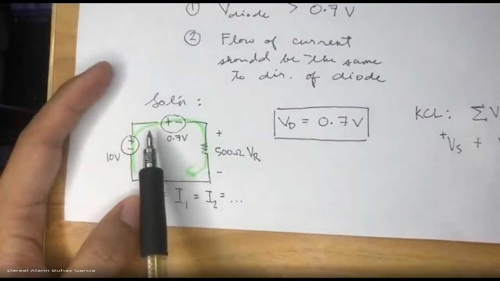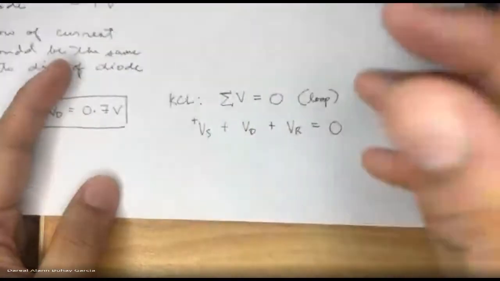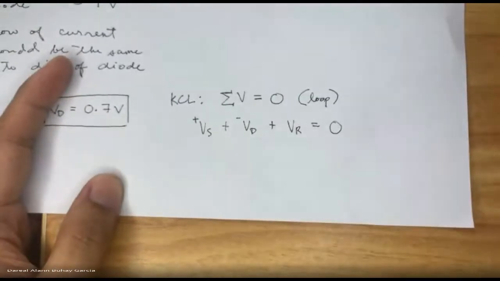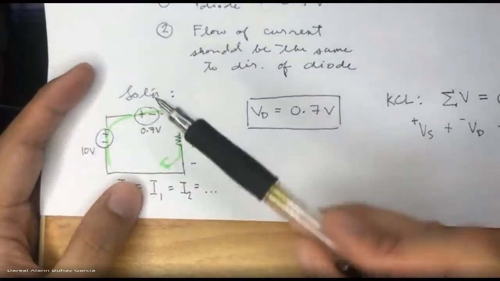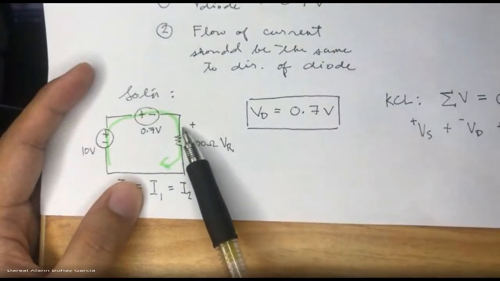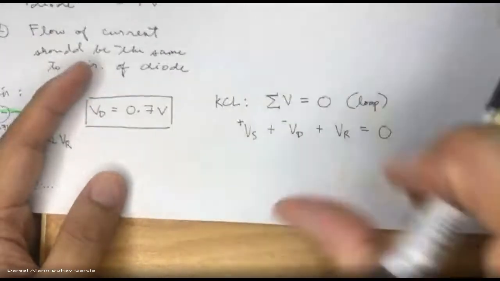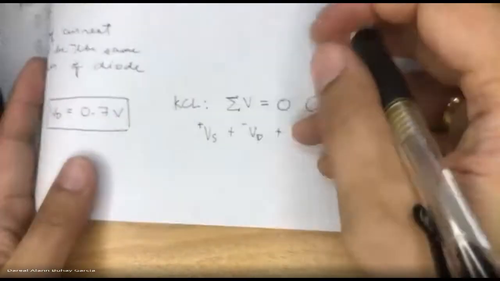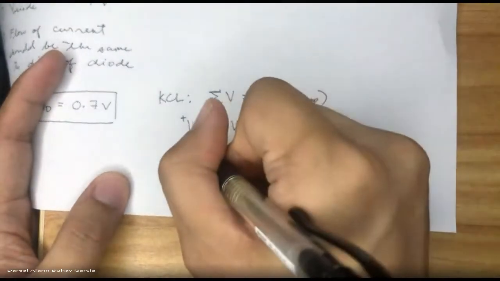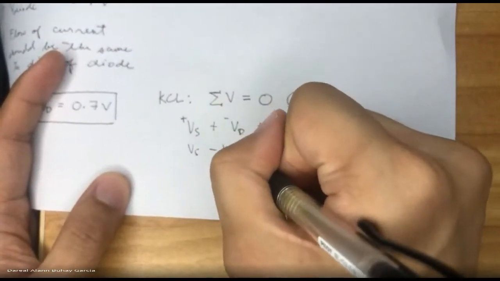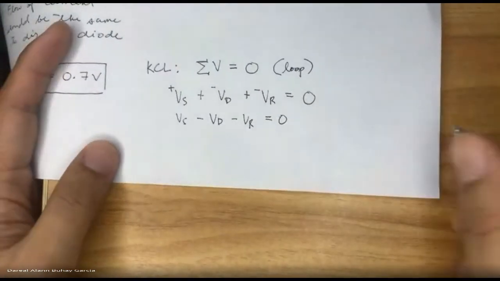Abot kay diode, sulod sa positive, nagawas sa negative. That's why dapat negative na siya. And the same sa resistor, sulod sa positive, nag-exit siya sa negative. Negative. So it will follow that Vs minus Vd minus Vr is equal to 0.